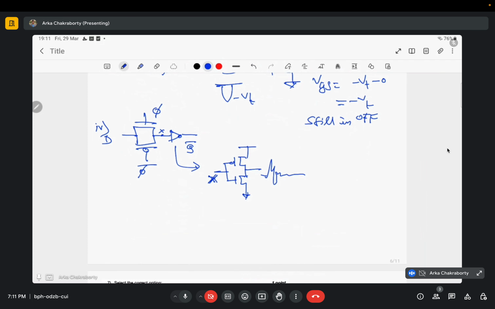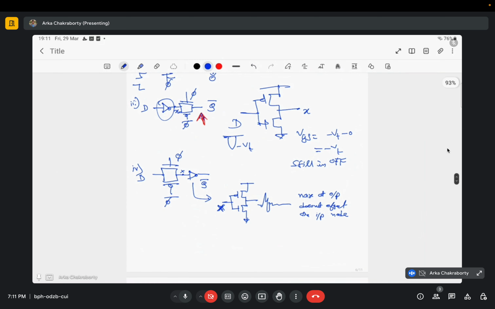Gate is connected here, so it will not affect the gate. So noise at output does not affect the input node in CMOS circuits. So it will become insensitive towards output noise and only sensitive towards input noise.